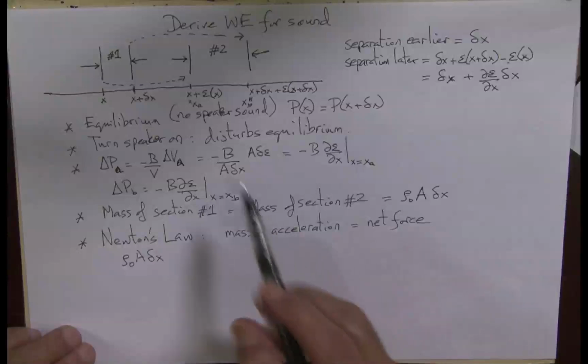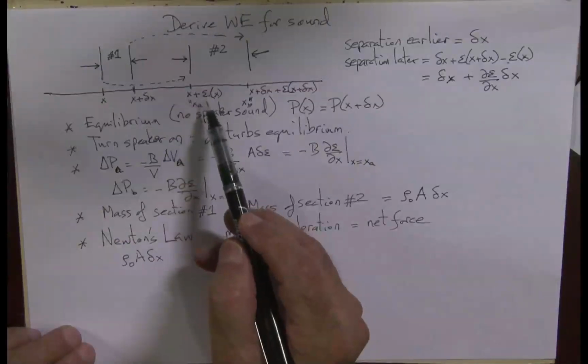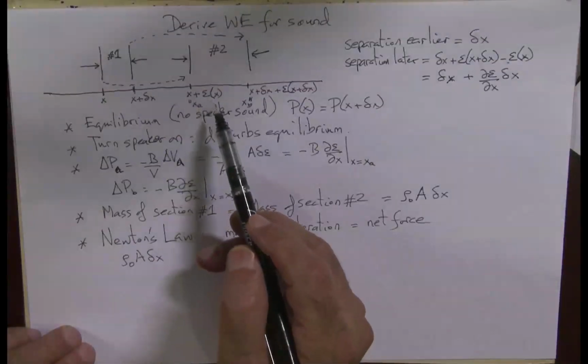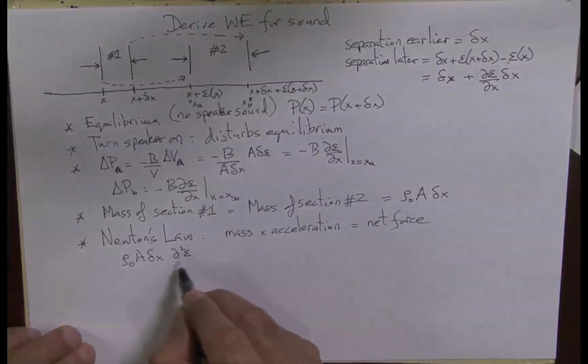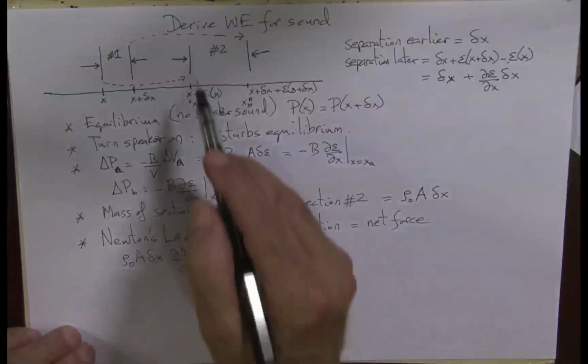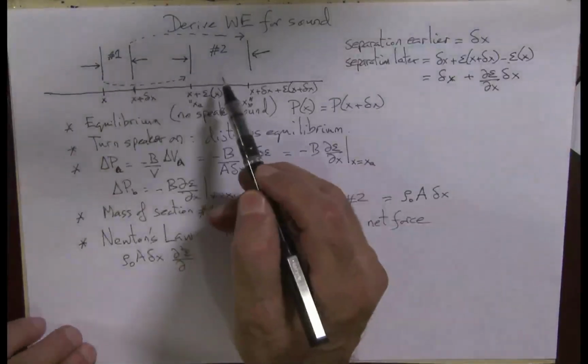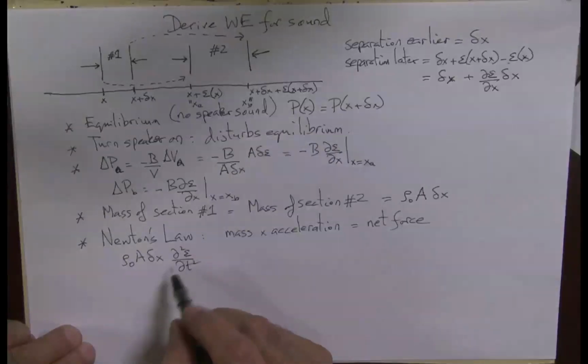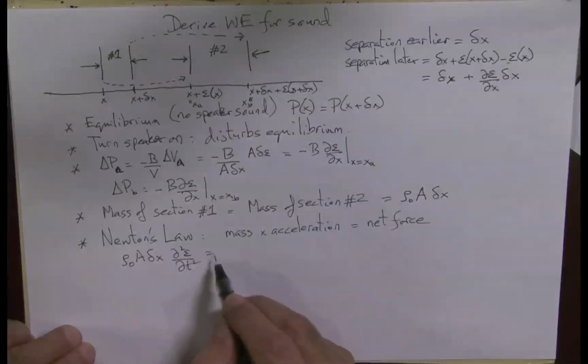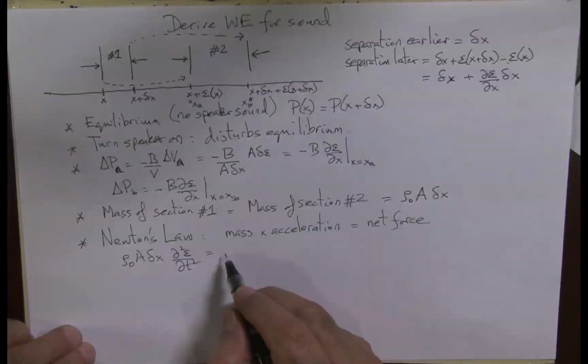Acceleration of what? It's epsilon that is actually changing with time. So it is the acceleration of the position of these atoms. So mass into acceleration is equal to the net force.